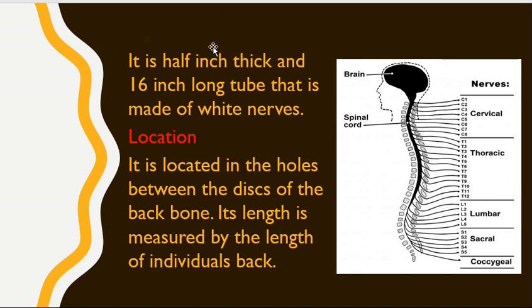It is a tube which runs inside the backbone. It is located in the holes between the discs of the backbone. Its length can be measured by the length of the individual's back. Generally, it is 16 inches long.